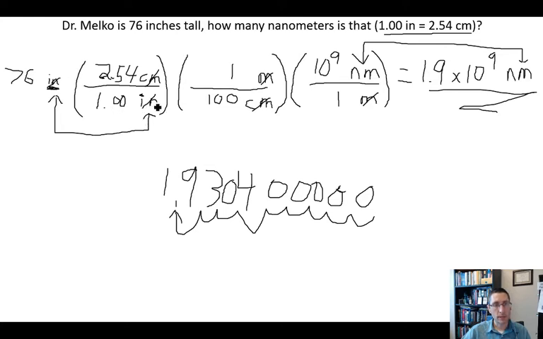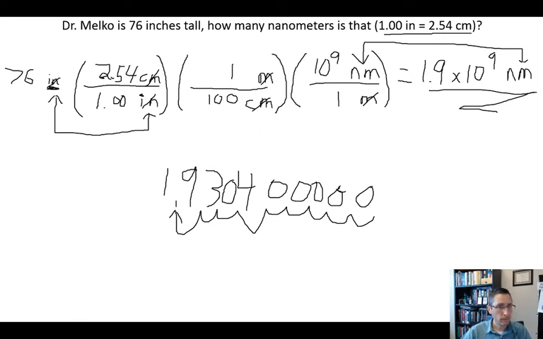An inch divided by an inch will cancel, a centimeter divided by a centimeter cancels. You want to be left with nanometers up here next to a number, so it better appear in the top. And there's lots of YouTube videos if you just Google dimensional analysis or YouTube dimensional analysis. You can get lots of practice problems in that way.